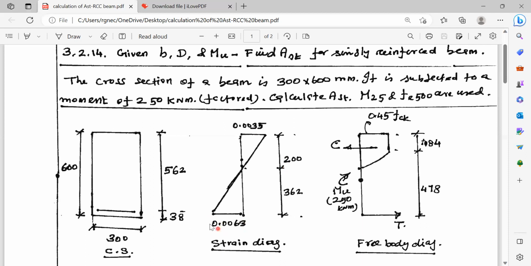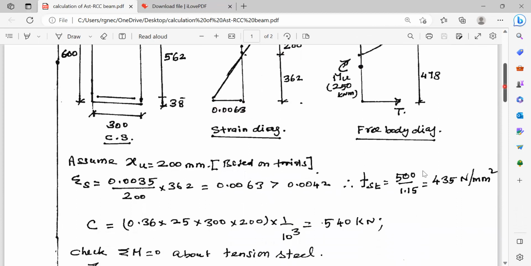This value should be at least equal to or higher than the minimum strain specified, that is 0.87 fy divided by Young's modulus plus 0.002. That value comes to 0.0042.